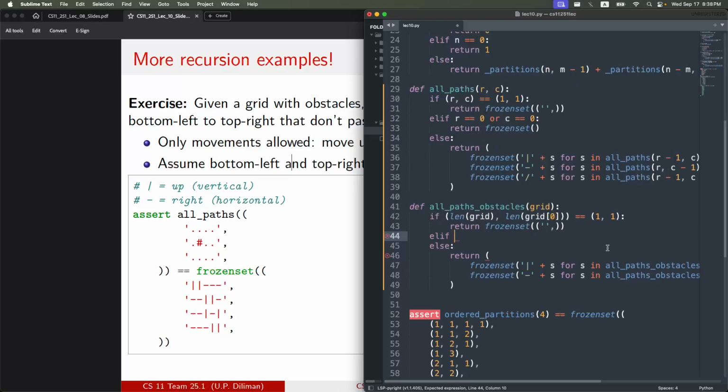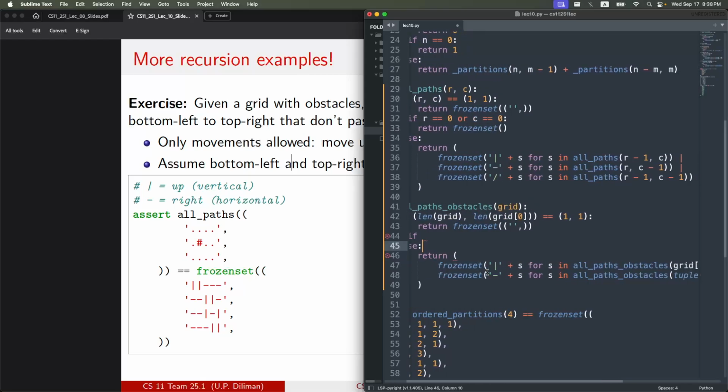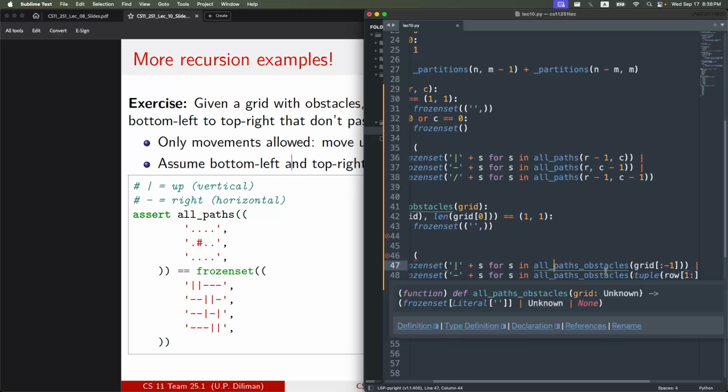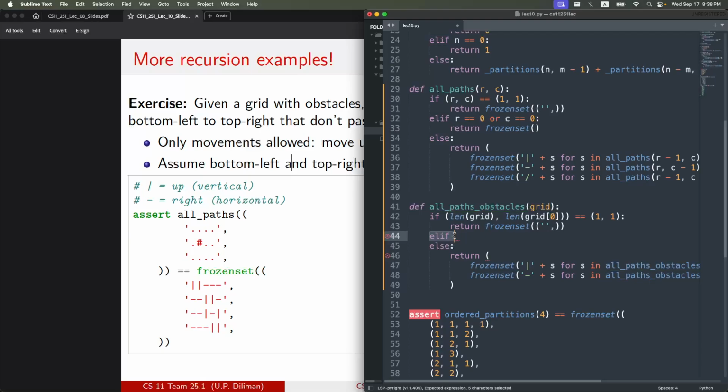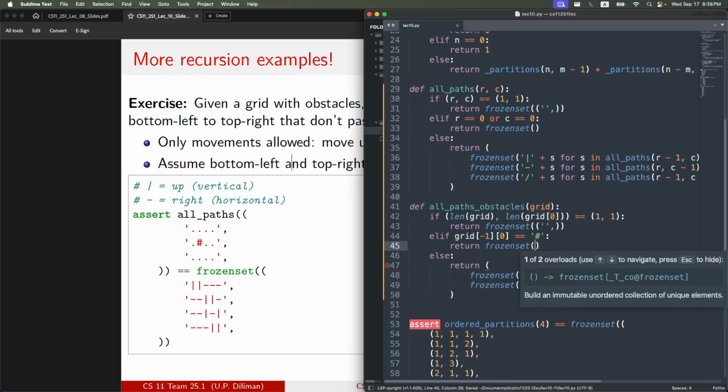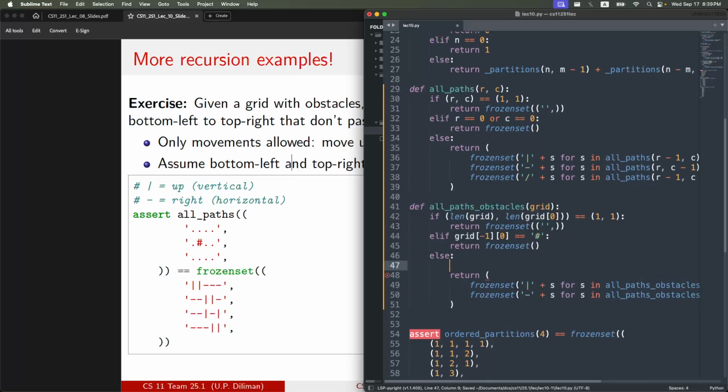Otherwise, this will not work. If grid[-1][0], if we end up on a cell with an obstacle, the bottom left cell is an obstacle, we return the empty frozen set.